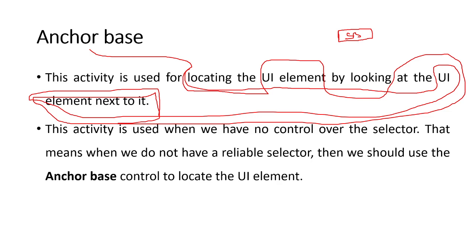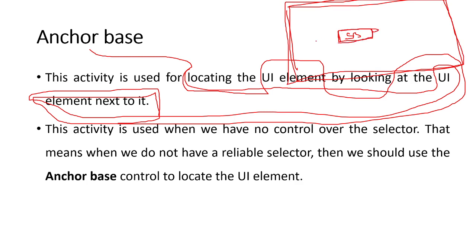Similarly, you don't know the exact position of the search box in the application. Suppose you treat this as an application or a browser, and let us assume that there is a text box present here. You don't know the exact position of the search box, but you know that the search box always comes to the right side of a button labeled as B.